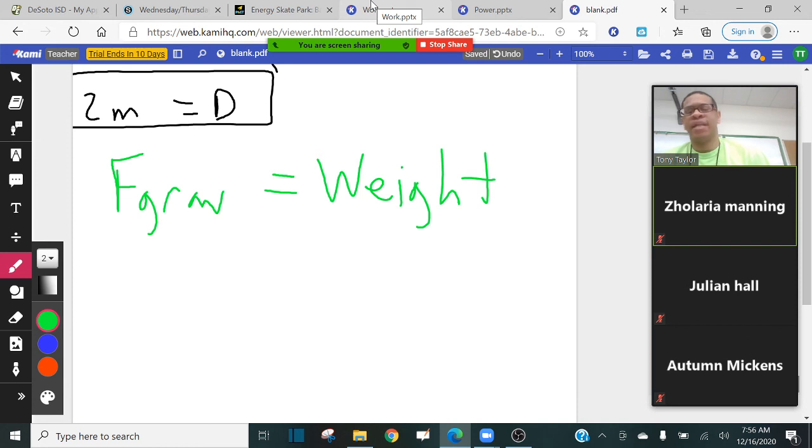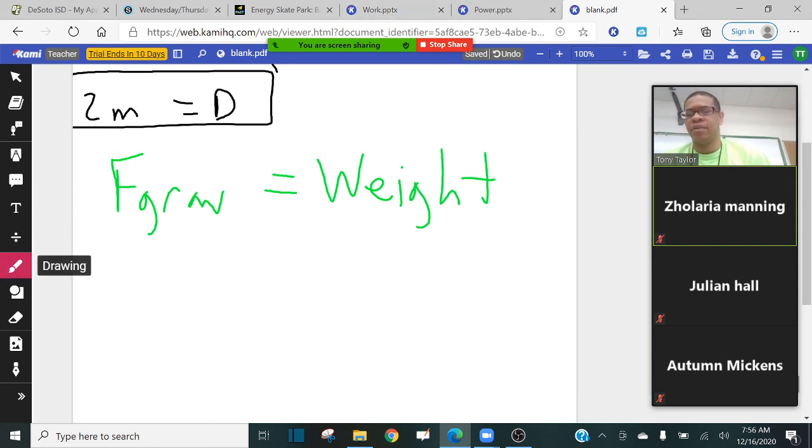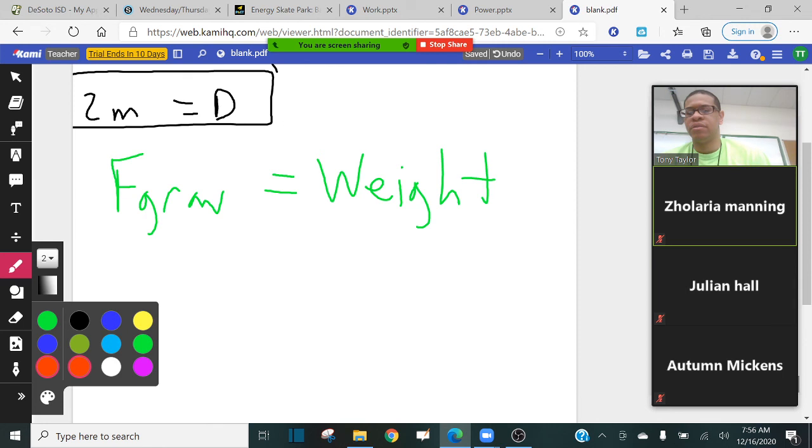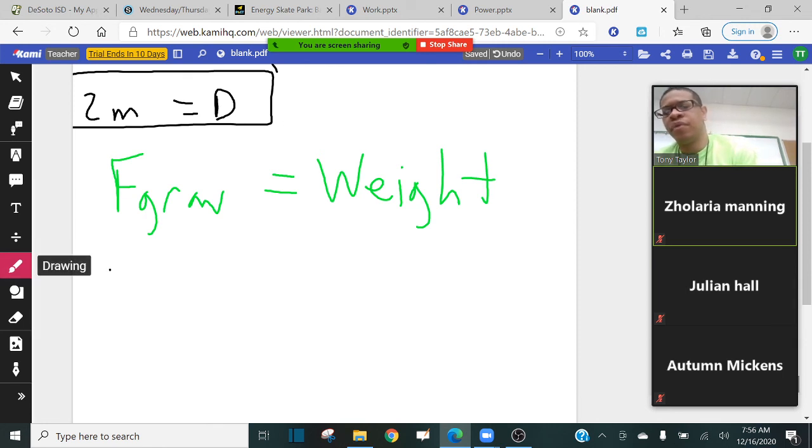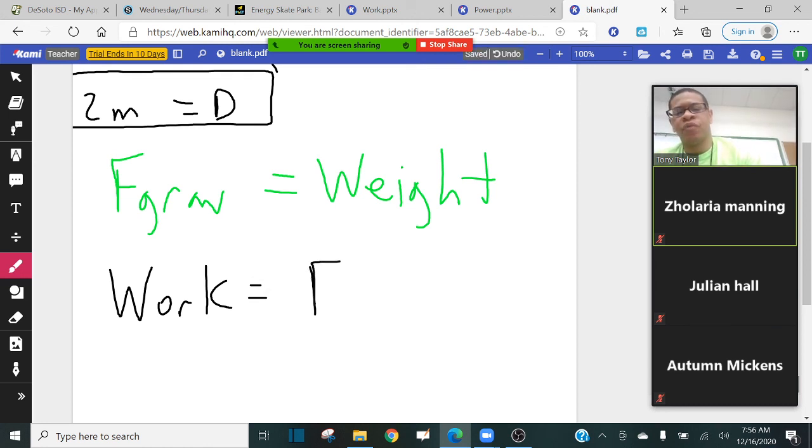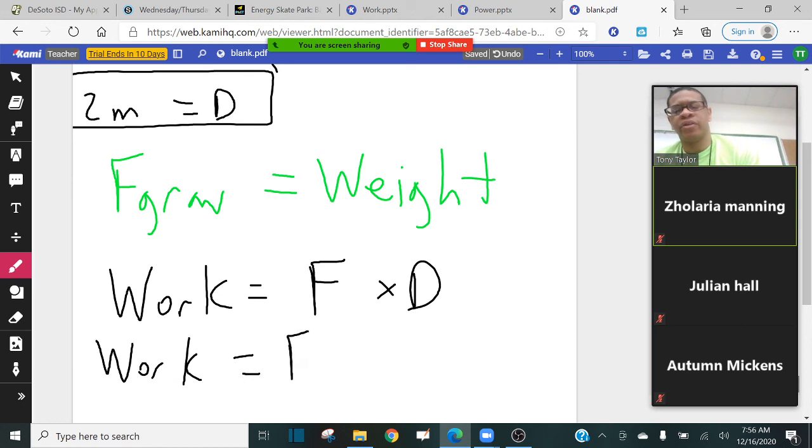So with that said, guys, if we want to calculate the work done by the man as he's climbing the ladder, remember, work is force times distance. But what is the force that we're talking about here? We're talking about the force of gravity because he's acting against gravity to get to the top.